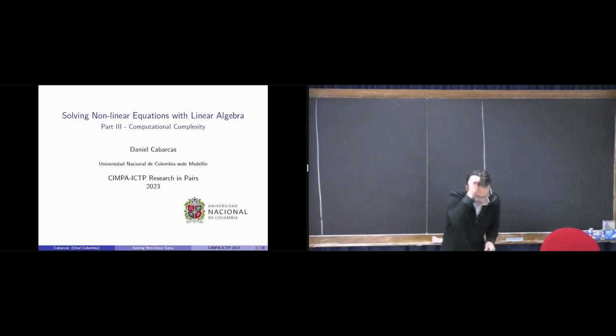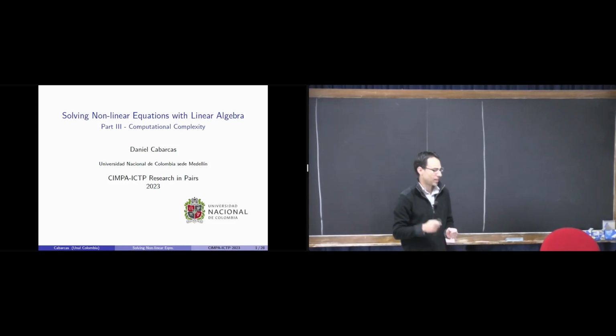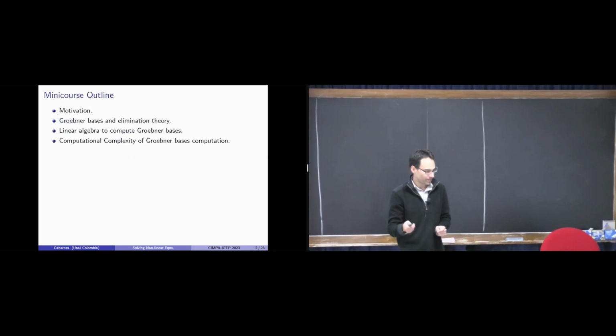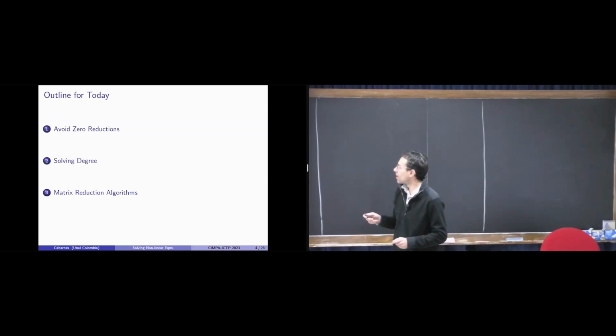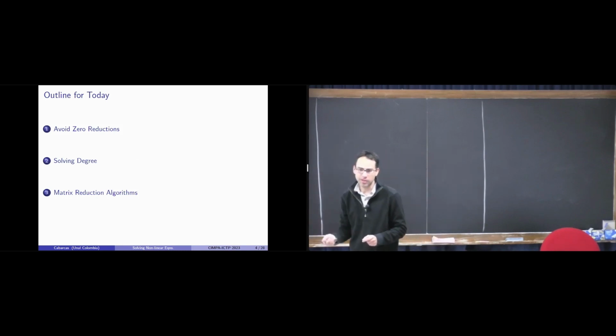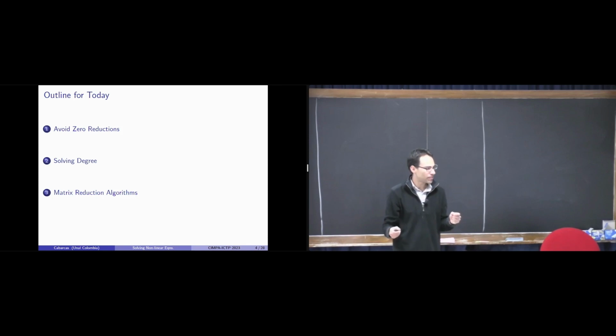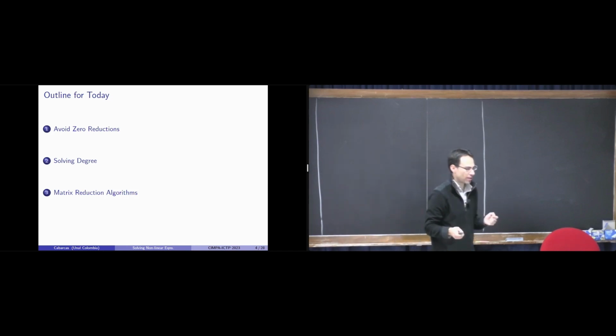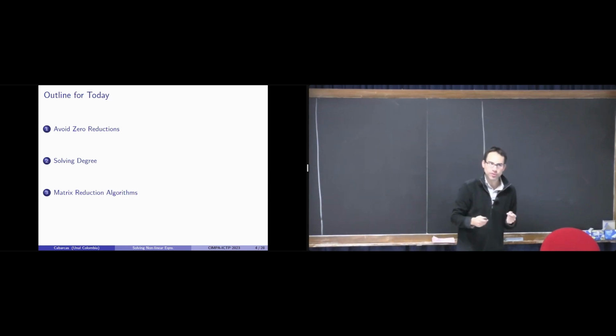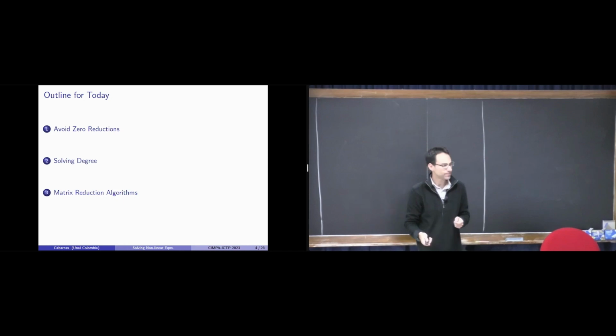All right. Now, let me recap a little bit what we did last time. We were working on avoiding zero reductions. When we run these algorithms to compute Groebner bases, we have many polynomials that reduce to zero, and in terms of computation, we want to avoid them.